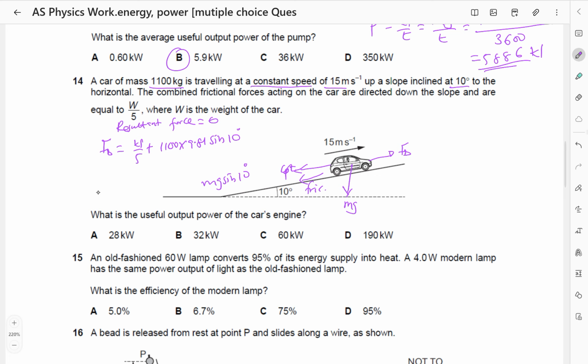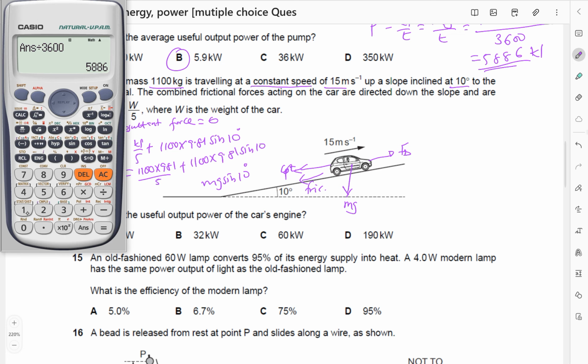Okay. So this is going to give us, remember the weight is mg, so this will be just 1100 times 9.81 divided by 5 plus 1100 times 9.81 sine of 10. So let's solve this with our calculator.